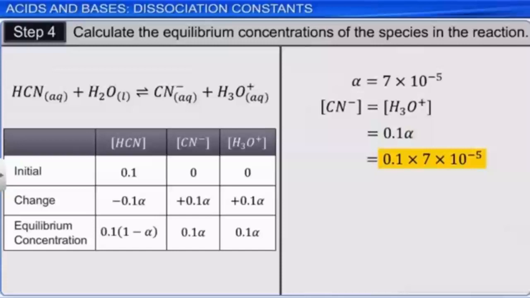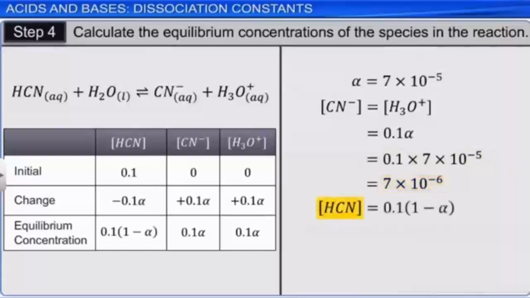The equilibrium concentration of hydrocyanic acid is 0.1 multiplied by 1 minus alpha, which can be written as 0.1 multiplied by 1 minus 7 multiplied by 10 raised to the power minus 5. This is equal to 3 multiplied by 10 raised to the power minus 6.